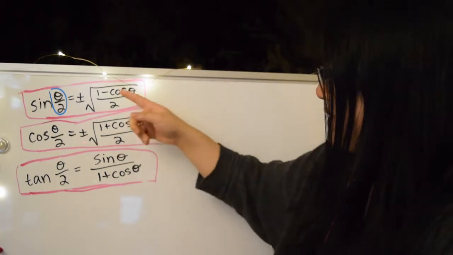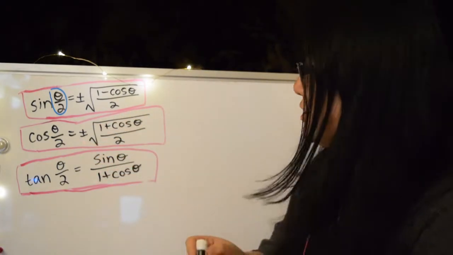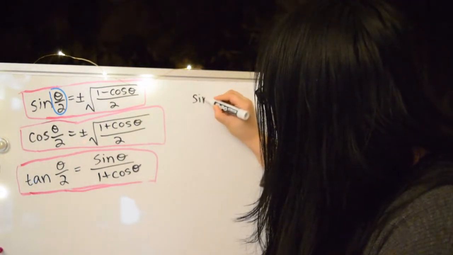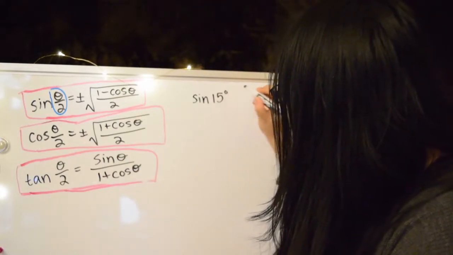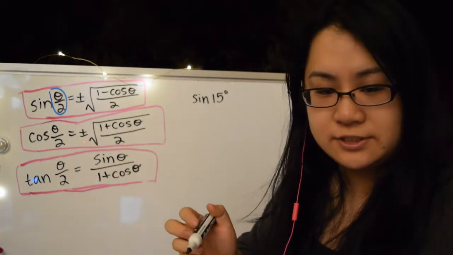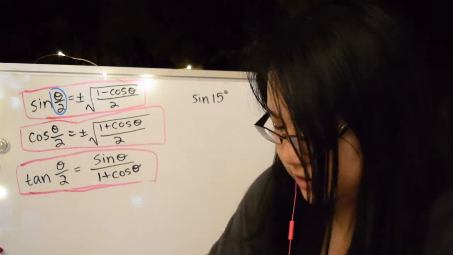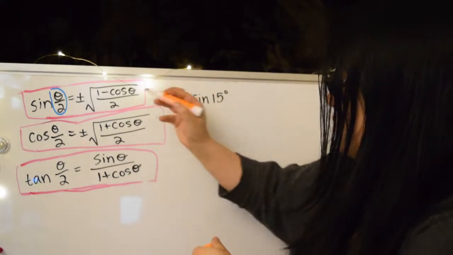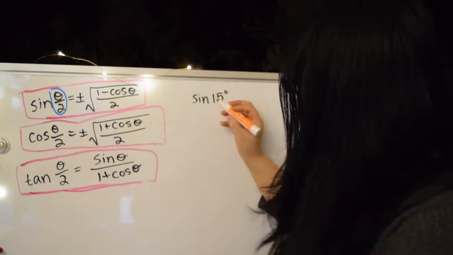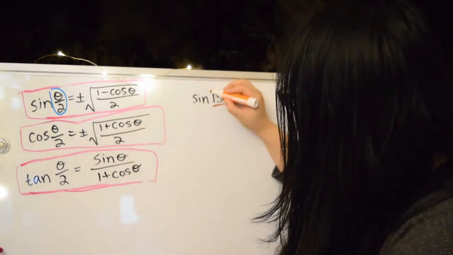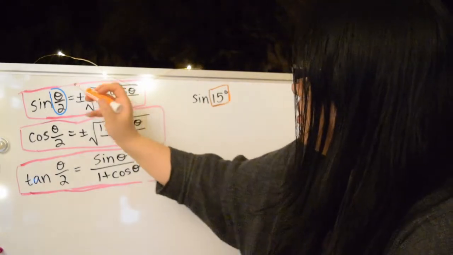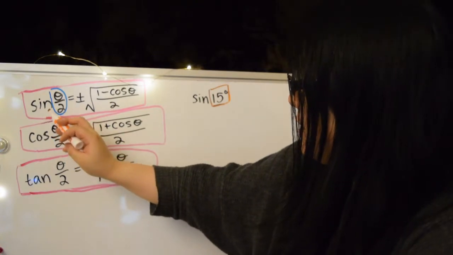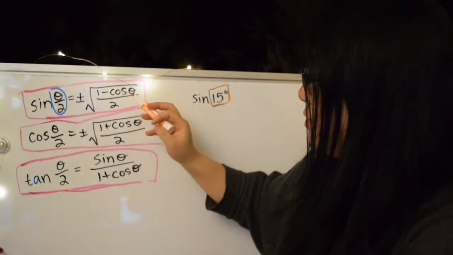Okay, so let's do an example of using these equations. Let us do sine of 15 degrees. What you do is set your 15 degrees to equal your theta over 2, because we have an equation that will relate sine of theta over 2 to cosine of theta.